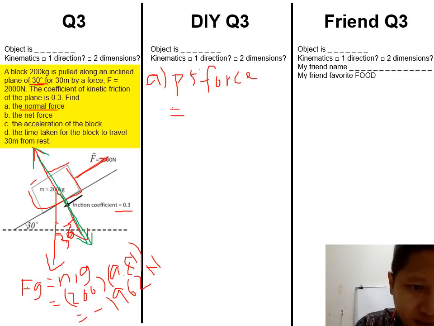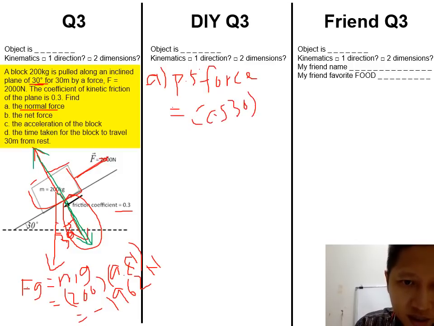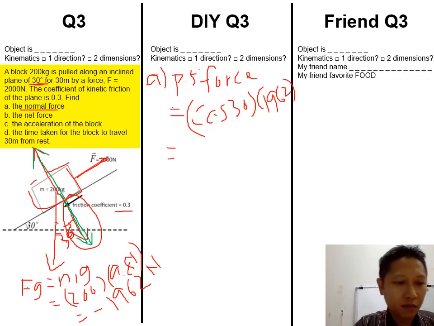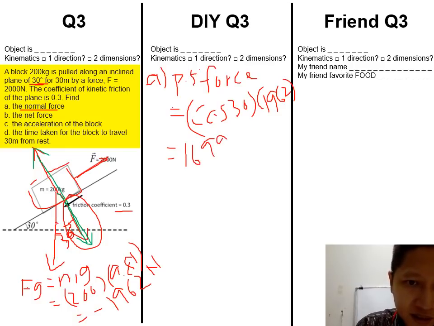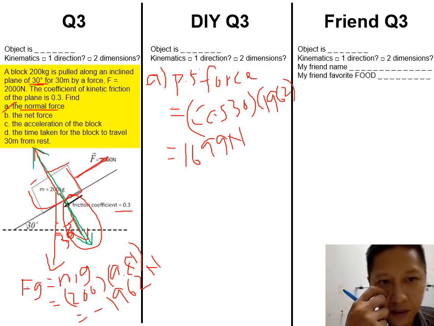So to find the green line, it equals cos 30 times 1962, which equals 1699 Newton. Okay, we solve for this one.